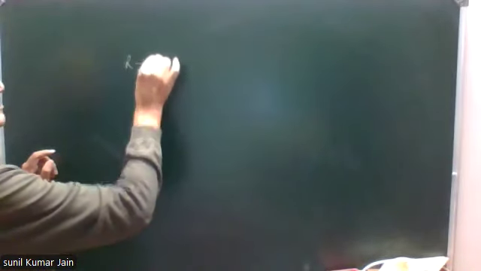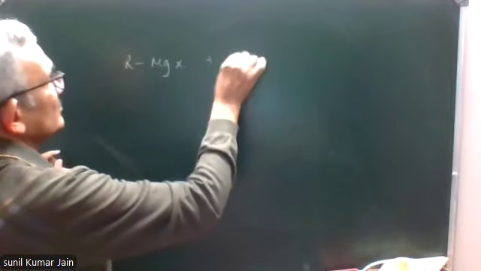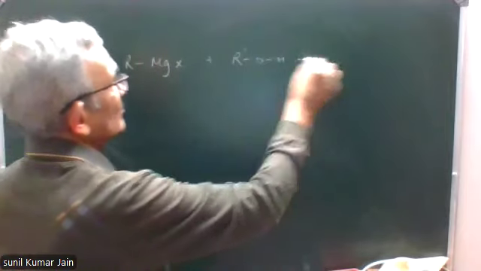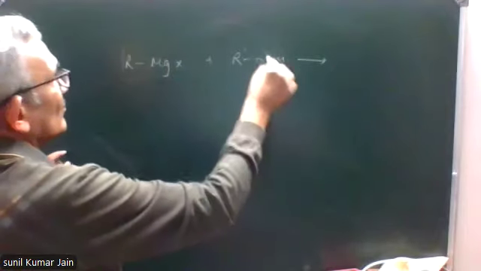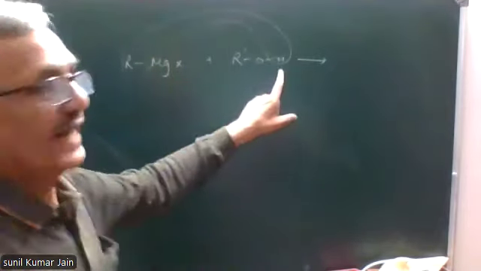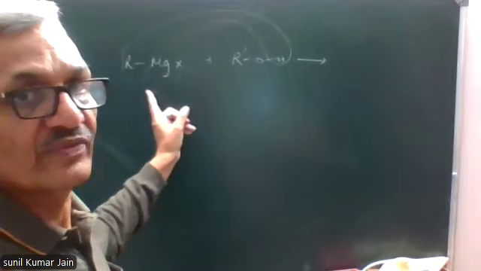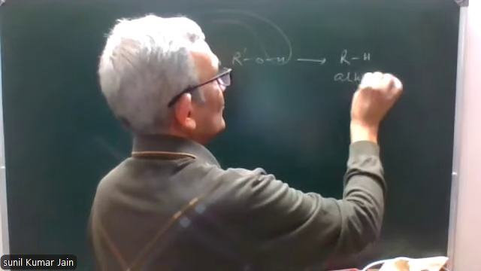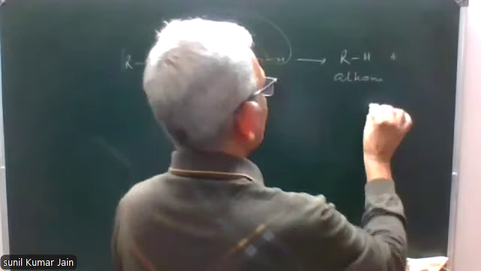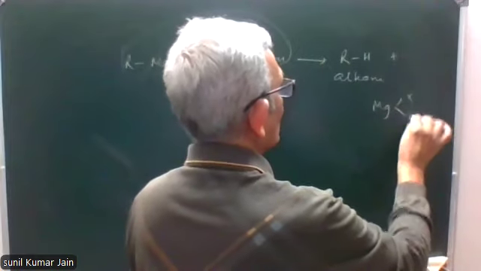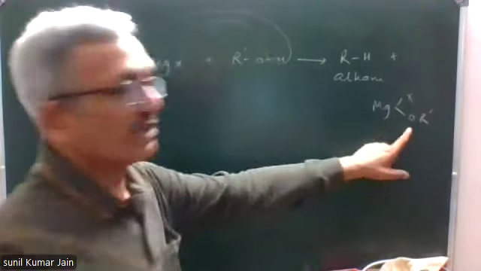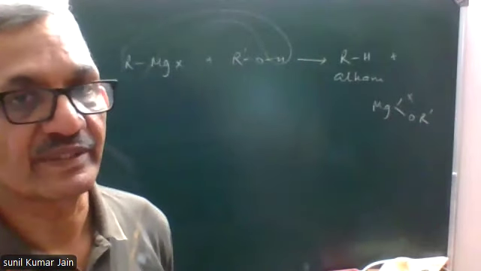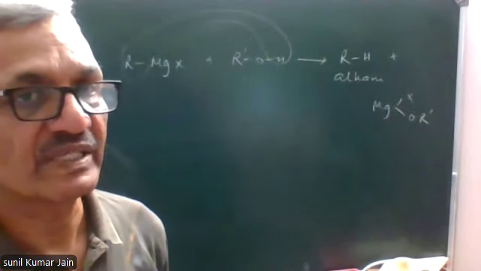The hydrogen of the alcohol and the R of the Grignard will give the alkane, plus the byproduct is alkoxy magnesium halide.